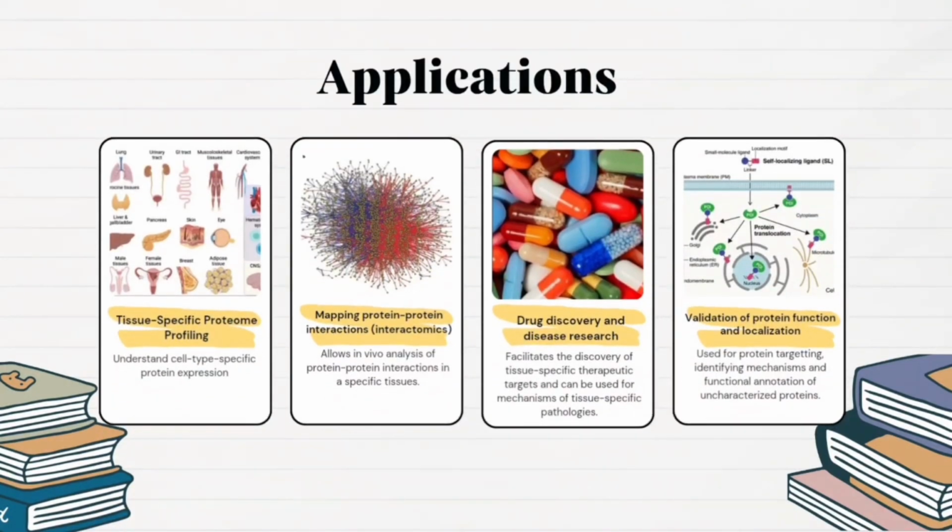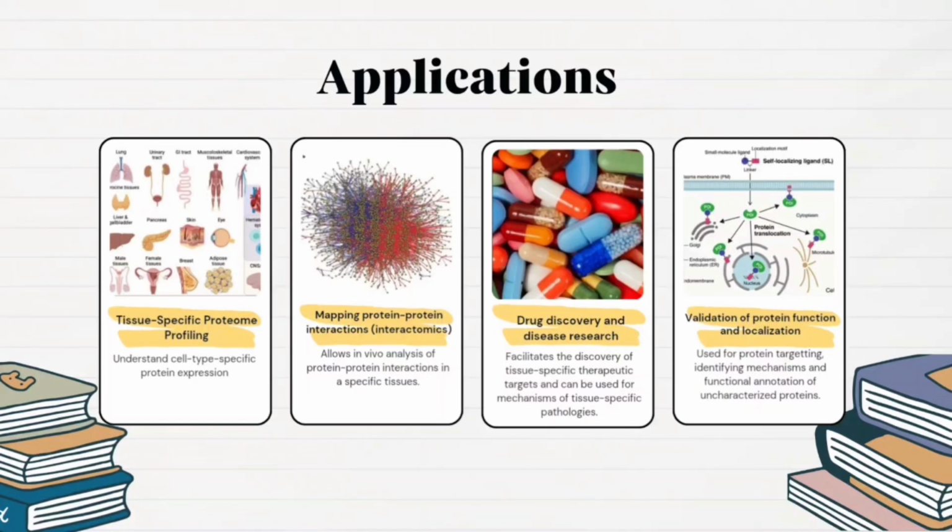Next, we go to the applications of MACSPI. The first application is tissue-specific proteome profiling. It can help in understanding cell-type-specific protein expression by using MACSPI. Next, mapping protein-protein interactions, or interactomics, can also be applied via MACSPI, which allows in vivo analysis of protein-protein interactions in a tissue-specific manner.